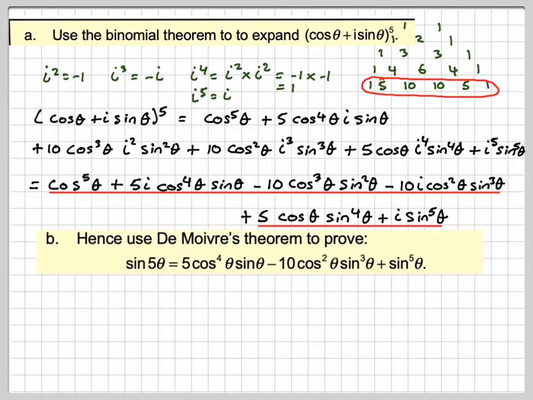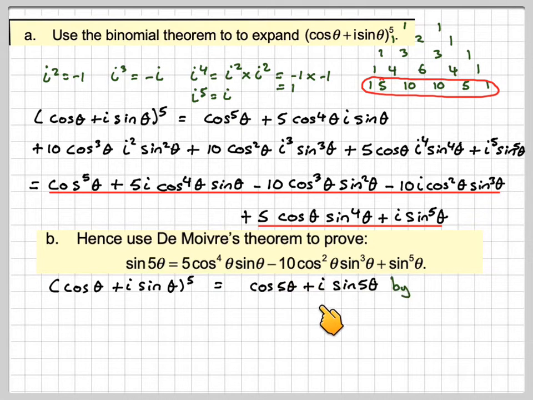Okay, so then it says, hence use De Moivre's theorem to prove that sin 5 theta is equal to 5 cos to the power of 4 sin theta, minus 10 cos squared sin cubed, plus sin to the 5. If we apply De Moivre's theorem to this, it becomes cos 5 theta plus i sin 5 theta. We want to prove sin 5 theta, and this is also equal to the expansion. So if we take the imaginary parts of this, it will be equal to the imaginary parts of the expansion.